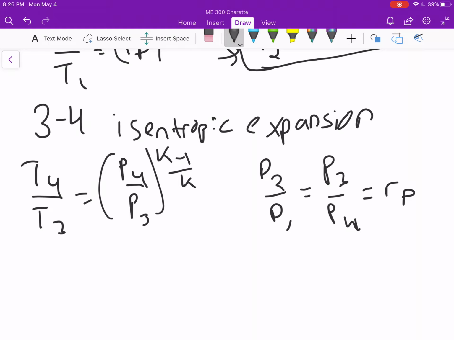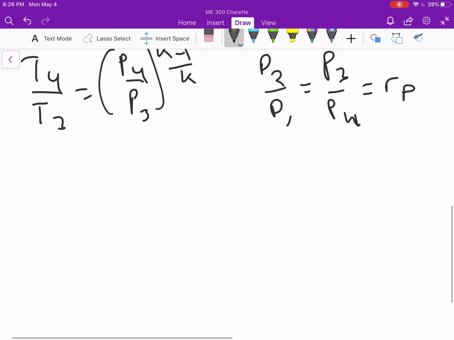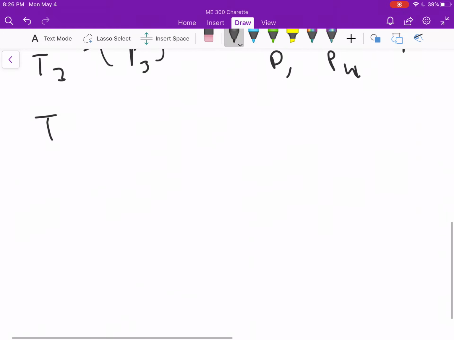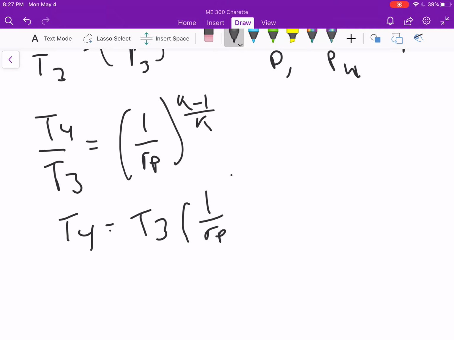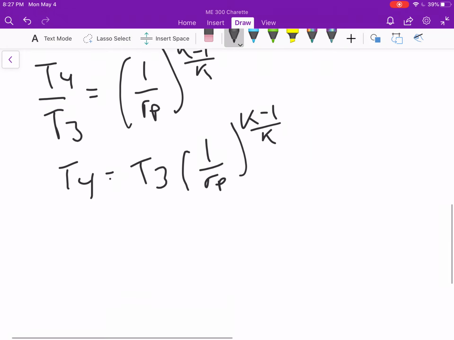So then, instead of substituting straight for the pressure ratio, we have to substitute 1 over the pressure ratio to get our correct answer. And then I'm going to multiply T3 over, and we get T4 equals T3 times 1 over the pressure ratio raised to K minus 1 all over K.